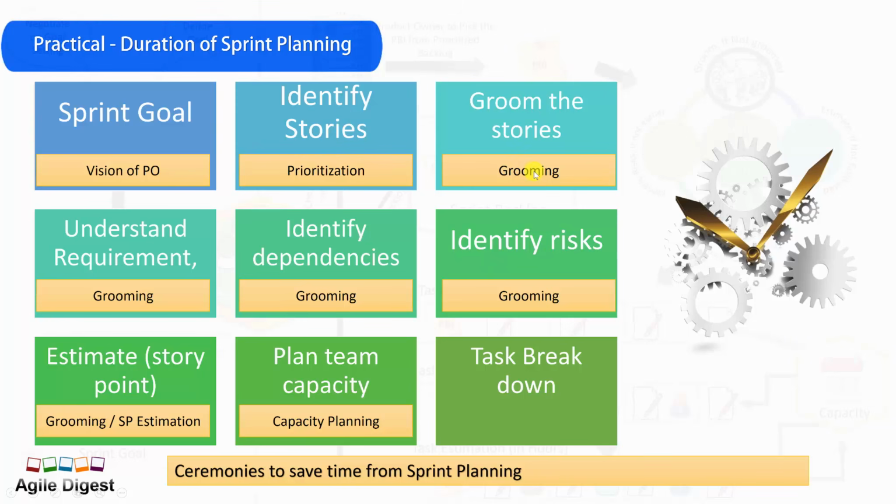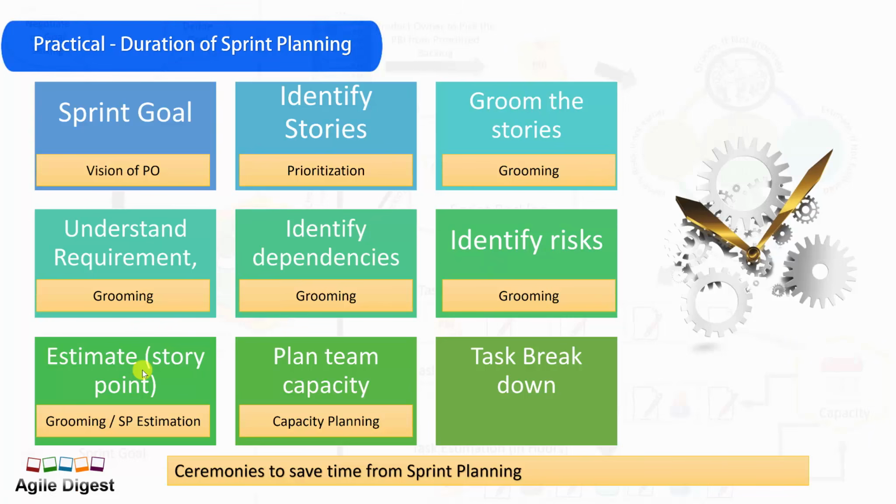If we have scheduled grooming, our backlog has healthy stories ready to start working on, which also saves time during sprint planning. Understanding what exactly the story is can also be done by grooming. Identifying dependencies and risks and estimating story points can all be done by grooming.